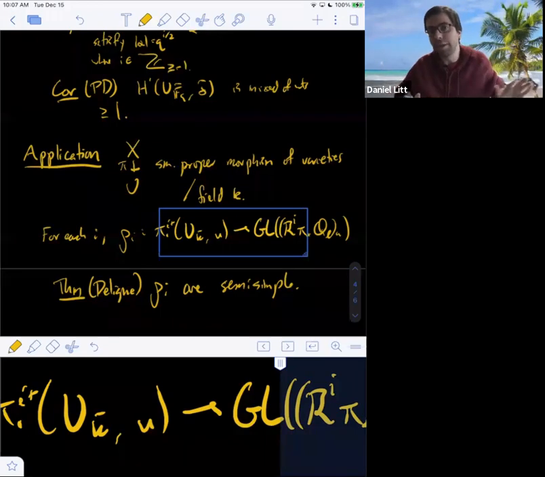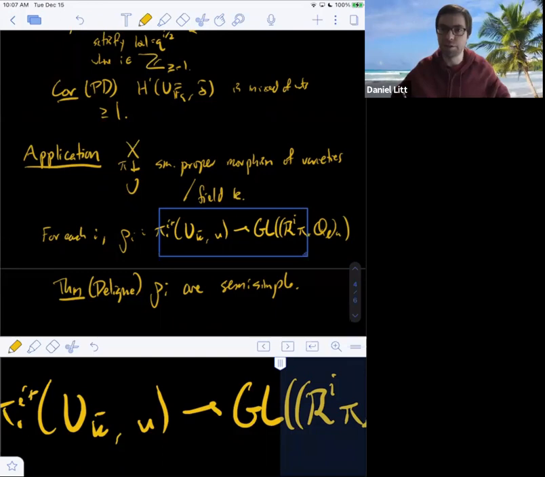So basically if you take a random family of non-smooth or non-proper varieties, you wouldn't really expect the representation to be semi-simple. Any other questions about the statement here?